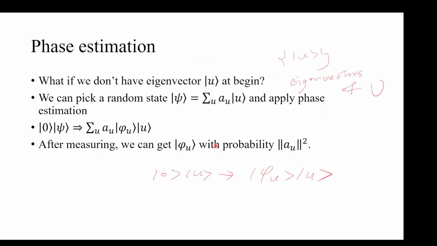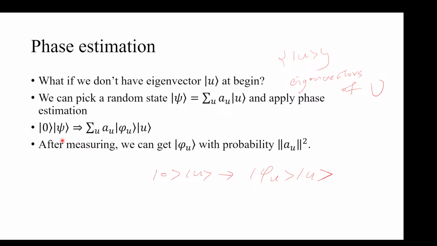So if you have a linear combination of different u, then you just get a linear combination of different psi u as output. So if you have this random input state on the second register and you run phase estimation, you are going to have a superposition of different eigenvectors u and different phases psi u.